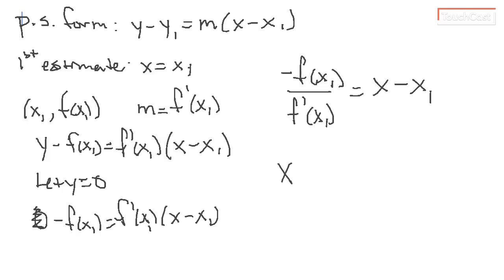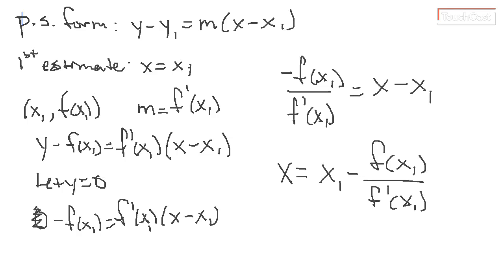So x is going to equal x1 minus f of x1 over f prime of x1. So this would give us our first estimation for our x-intercept.